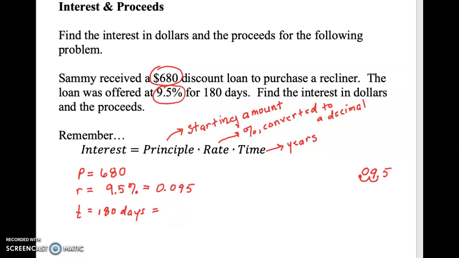So I know that 1 year is 365 days. So if I take 180 and divide it by 365, I would get the fraction of a year, or the decimal of a year, that 180 days is. So if we do that, 180 divided by 365 days in a year, that's 0.493.